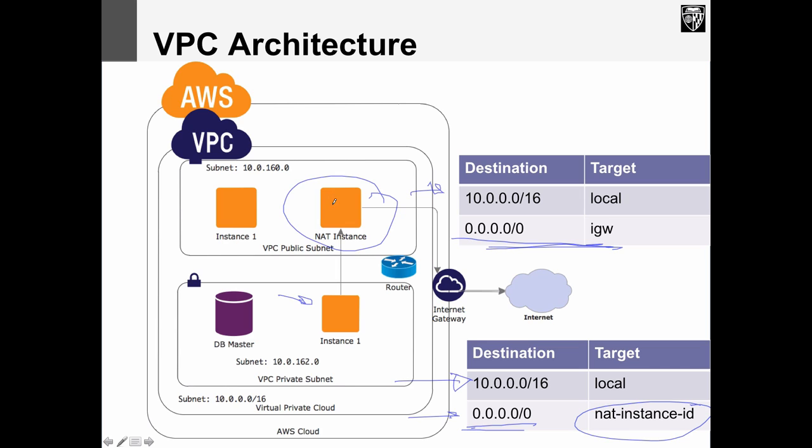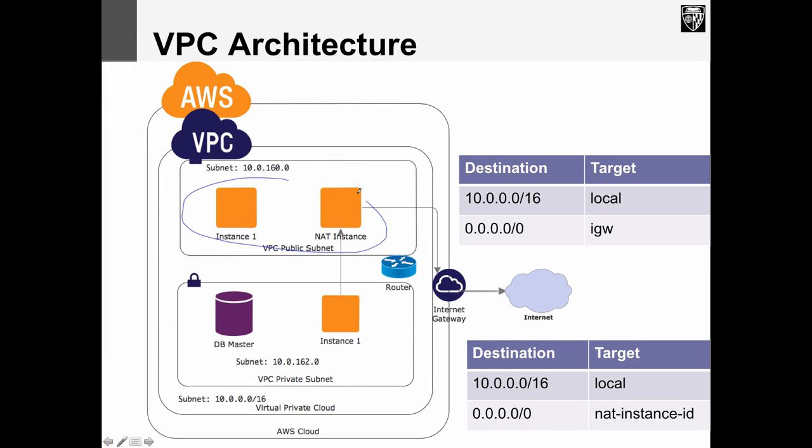This NAT instance, if you see, is in the public subnet, and because it has a public IP address, it can accept traffic from the instances in the private subnet and route it to the internet through the internet gateway. Again, to summarize, the instances in the public subnet, instance number 1 and instance number 2, can talk to the internet using the internet gateway because that's the default gateway we specified for this subnet.